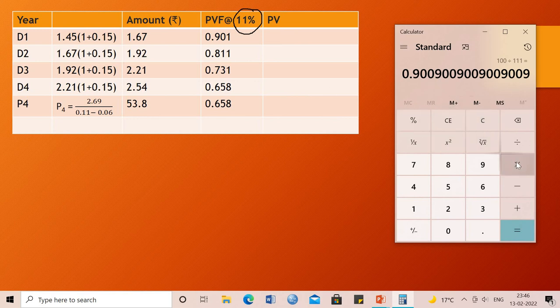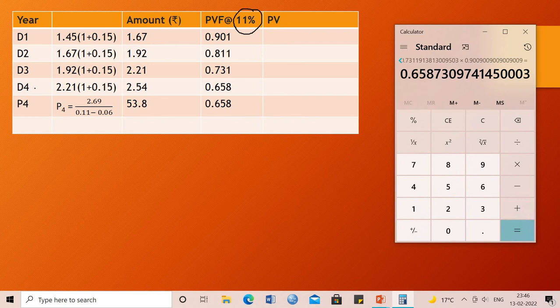In the next year, you have to just press the multiply sign and then equals to. In the next year, it will be 0.811. You can see it's 0.811. Next year, it will be 0.731. Now at the end of fourth year, the value will be 0.658.